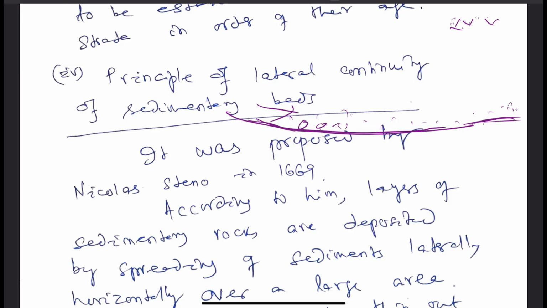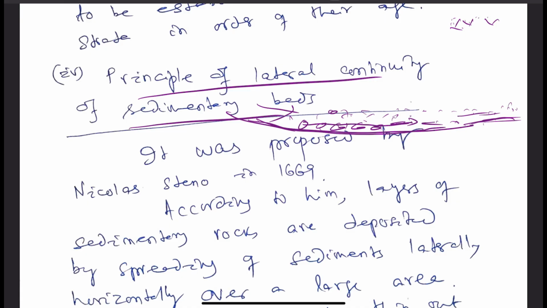The coastal sediments, because of their weight, settle first, and finer sediments are carried further. So laterally, we see a lateral variation of sedimentary sequences, and this principle of lateral continuity was proposed by Nicholas Steno, who is called the father of modern stratigraphy.